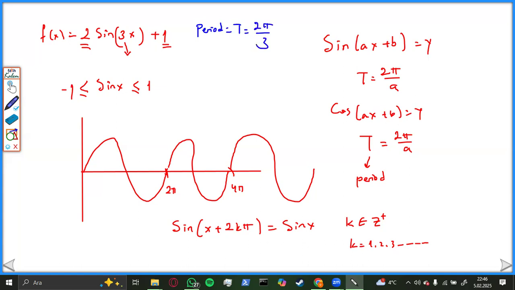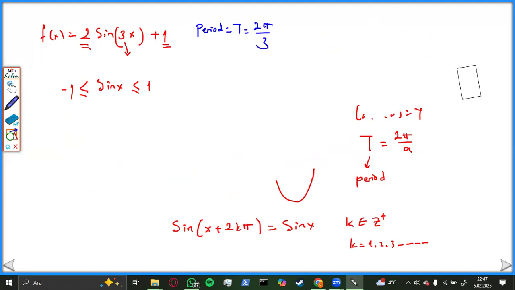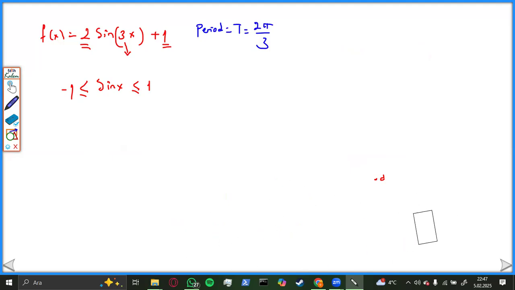Okay. Right now let me show you a new function. And also I need to explain to you the amplitude.